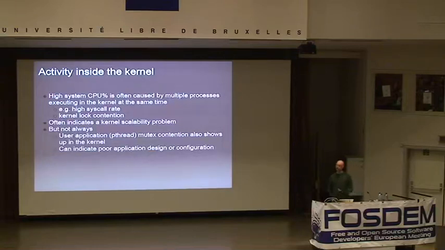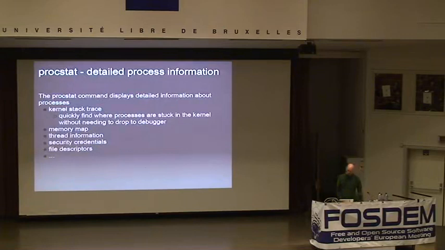This can indicate a kernel scalability problem. It can also indicate an application problem again. Perhaps the application is misdesigned so that it has high lock contention on its pthread mutexes. These will show up in the kernel because of the way the FreeBSD userland lock implementation is. In some cases, it will enter the kernel to block. So it can, again, indicate either a kernel or a userland problem.